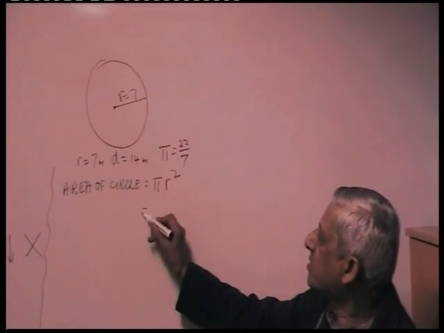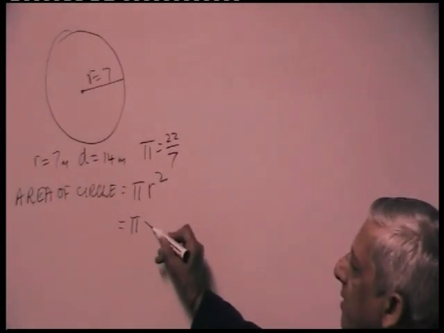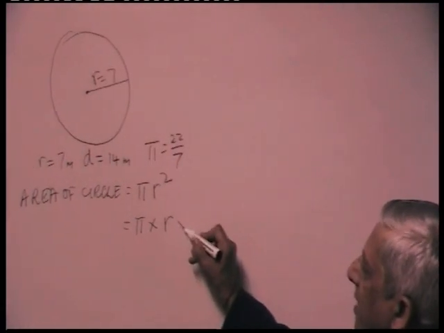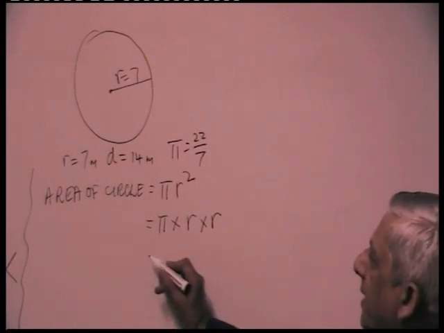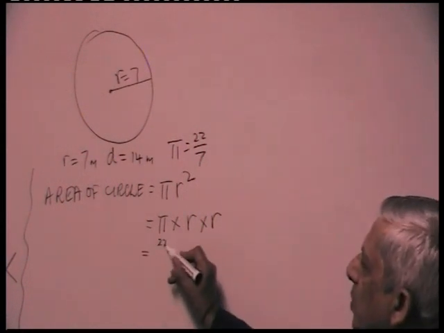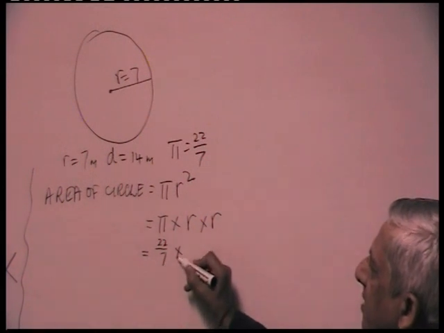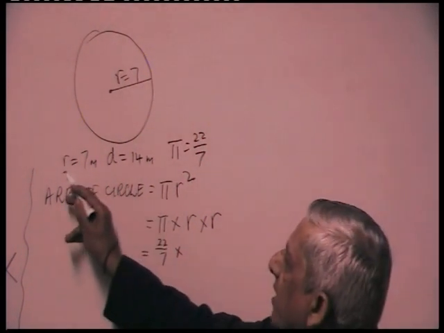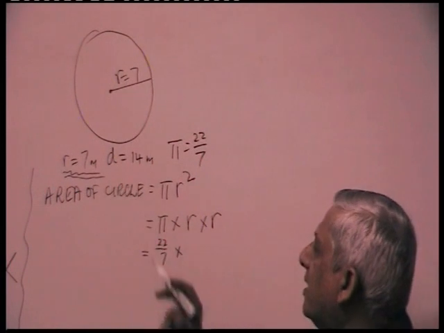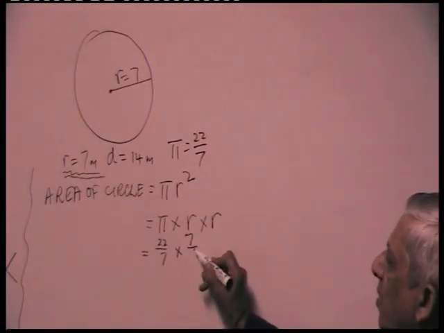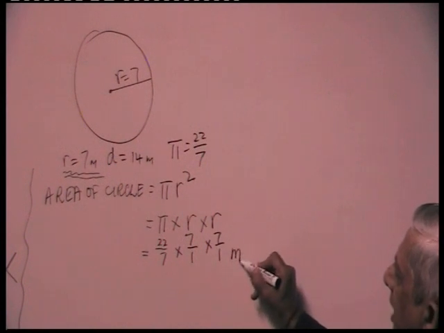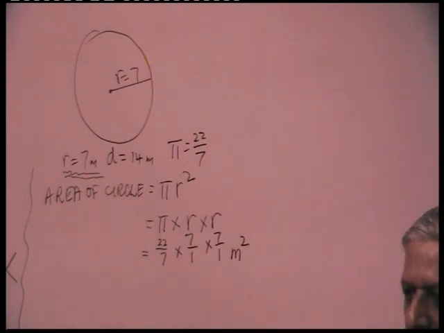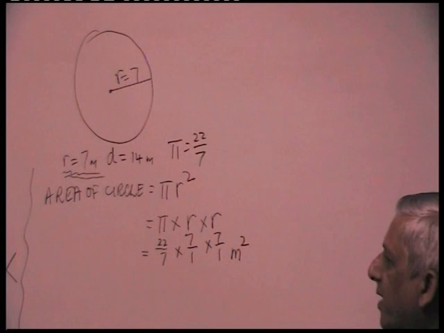Now pi r squared means pi times r times r. What is pi? It is 22 over 7. What is the radius? Radius is 7 over 1 times 7 over 1. And because this is area, it will be meters squared.